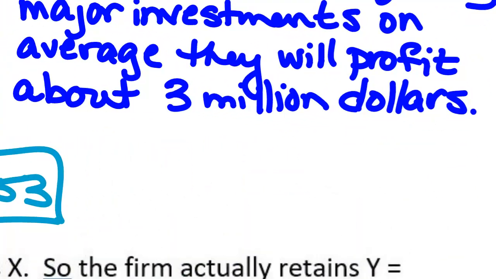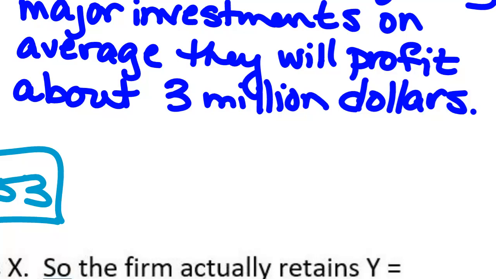How would we interpret that? Yes, and I don't have a lot of space to write, but that's absolutely perfect. The average amount of profit that Picard Partners makes on major investments typically varies by about 2.53 million from the average of 3 million.